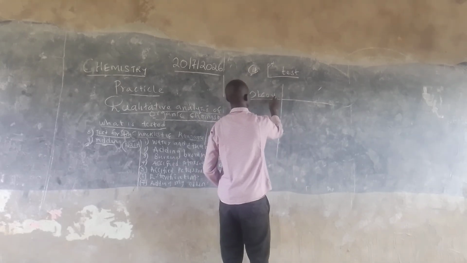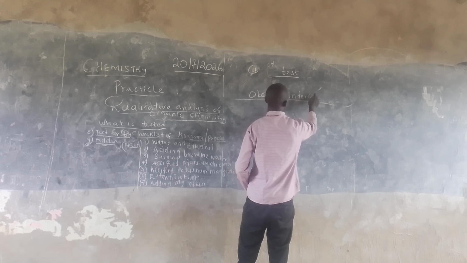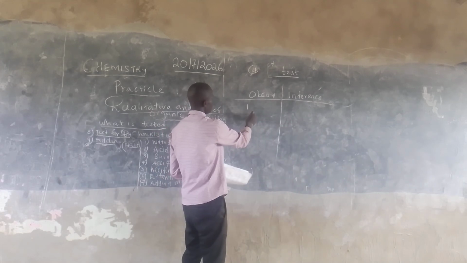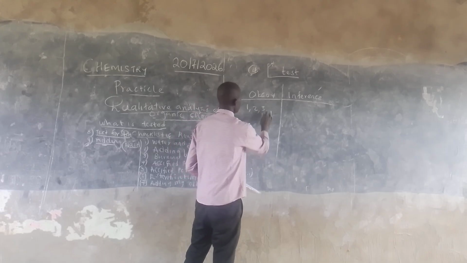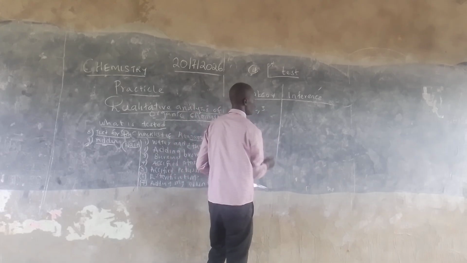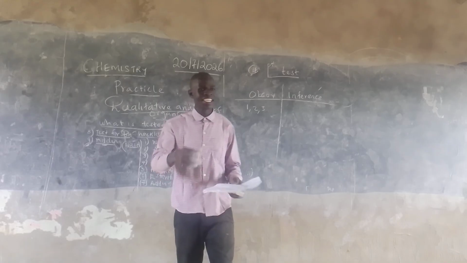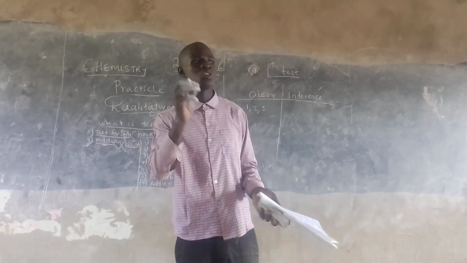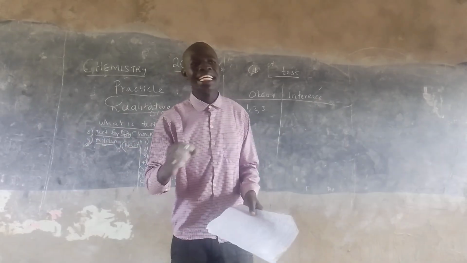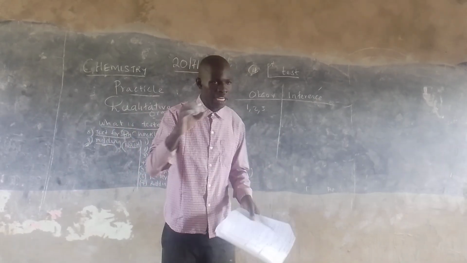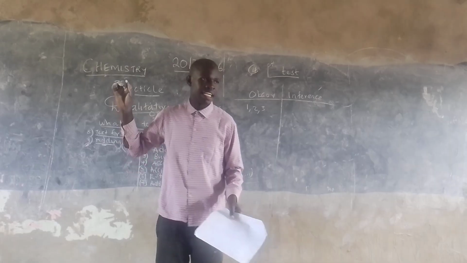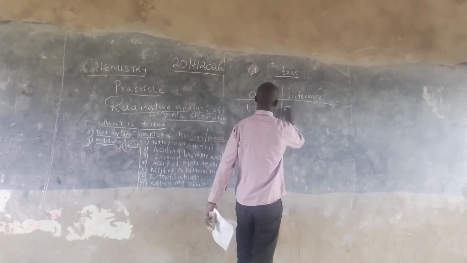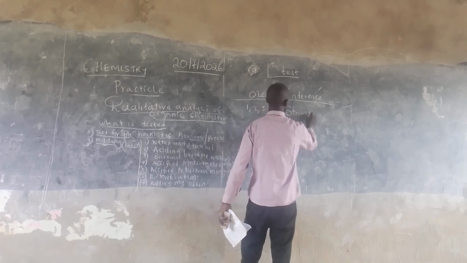For the observation, we can have a pH of 1, 2, 3. These are what we call strongly acidic. So you don't say strong acid, you fail. The examiner expects you to write strongly acidic, weakly acidic, strongly basic, weakly basic. So you don't say strong base, you fail. You say strongly basic, strongly acidic.